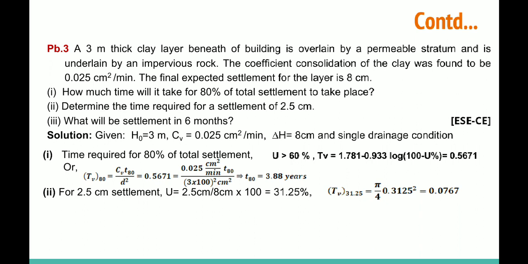By applying this relation, we get the time factor 0.0767. Again we apply this formula. We have the tau v value, we have CV that is mentioned in the question, and we have D. We can calculate T31.25, the time required for 31.25% degree of consolidation, and we got 191.75 days.